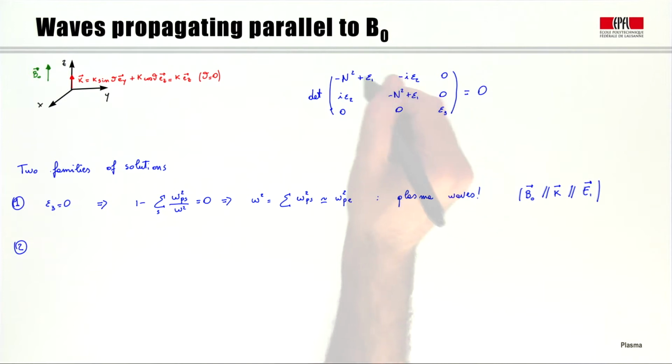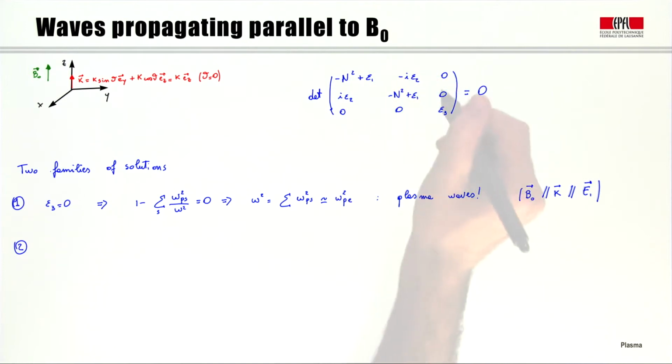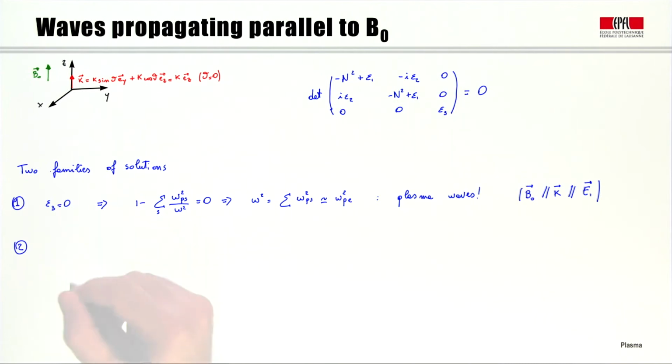Now let's look at something new that we see here in the determinant of this 2x2 matrix. This determinant can be written as minus n square plus epsilon 1, everything squared, minus epsilon 2 squared equal to 0.